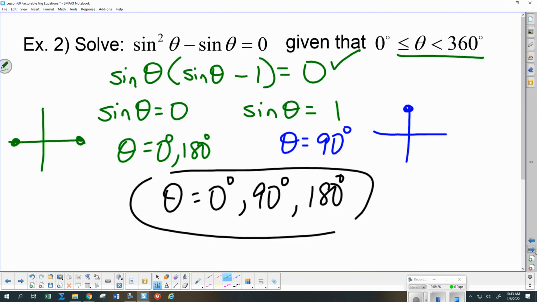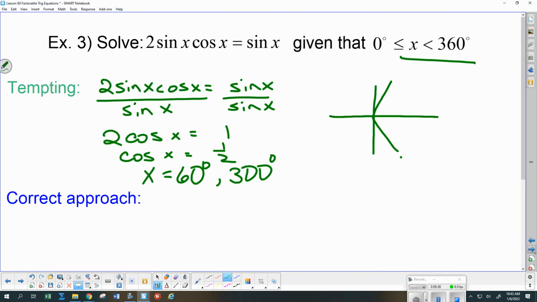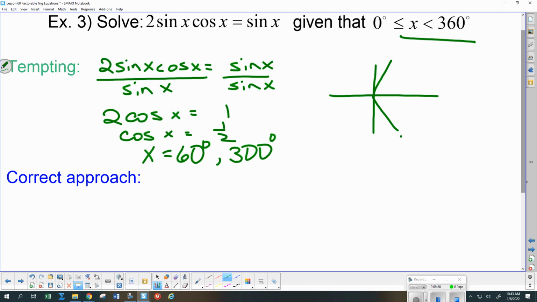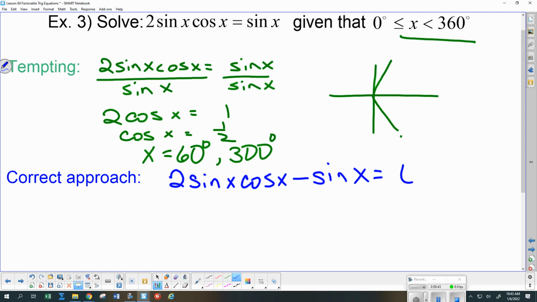So now we'll go back to this and do it a way that does not lose any of our solutions. So if I factor instead, I need to get it where it is equal to 0. So I have to do minus sine x to get everything on the left so that it equals 0. Now, which factoring method, everybody? GCF.